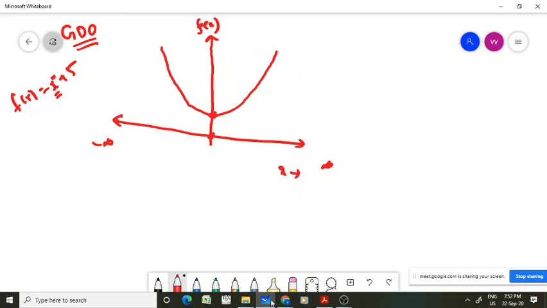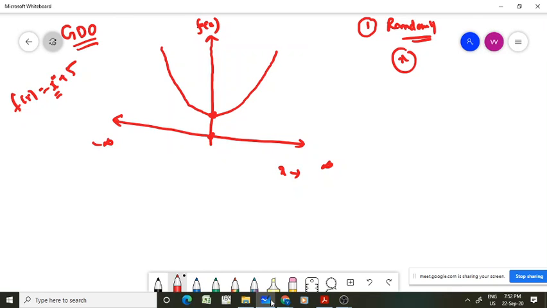Fine. Now see, how the gradient descent optimization algorithm will work, I will tell now. In the gradient descent optimization algorithm, the first step is you have to choose randomly the value of x in the search space.